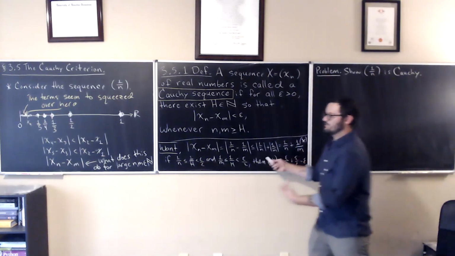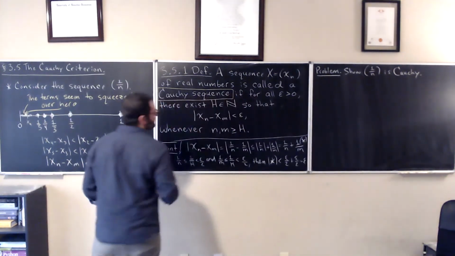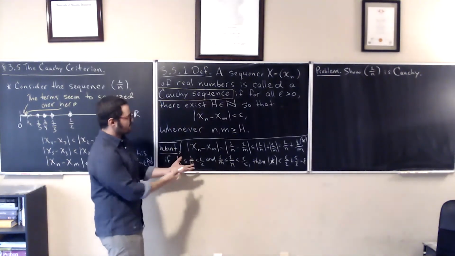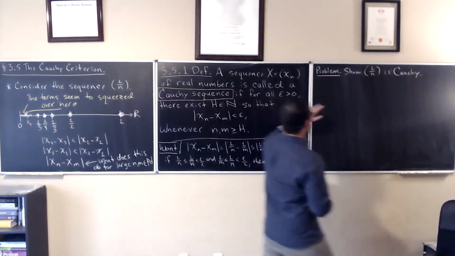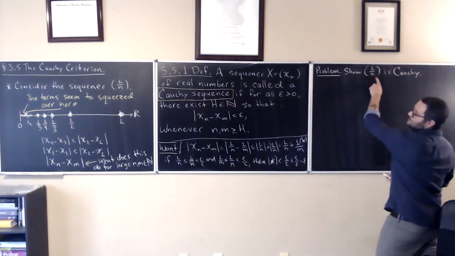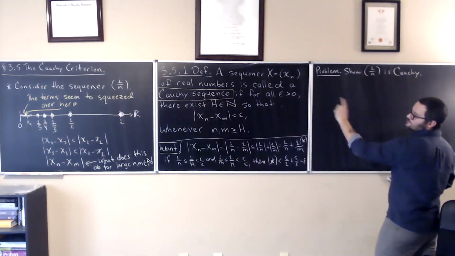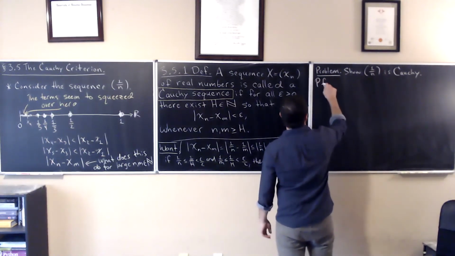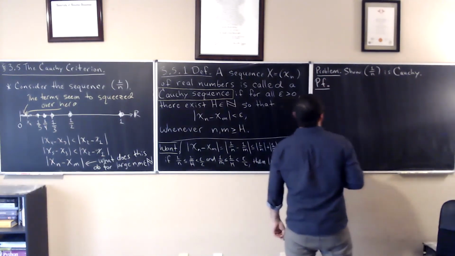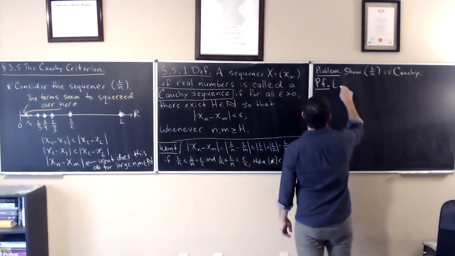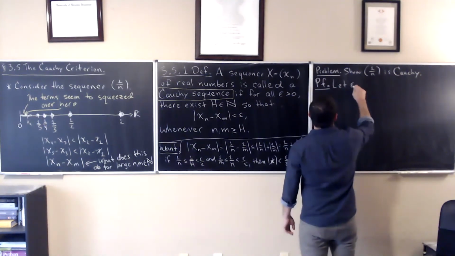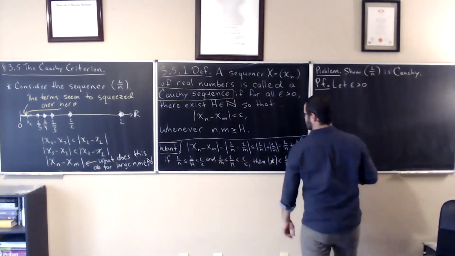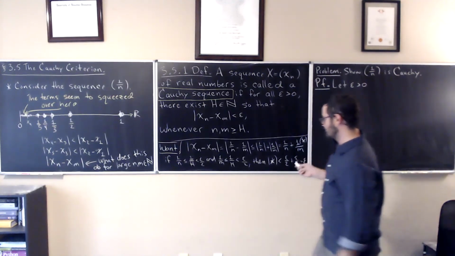So this is my scratch work. This is what I want. Now we can use the scratch, come over here, and actually show that this sequence is Cauchy, satisfies that definition. So let's look at the proof of this. We have to be careful.